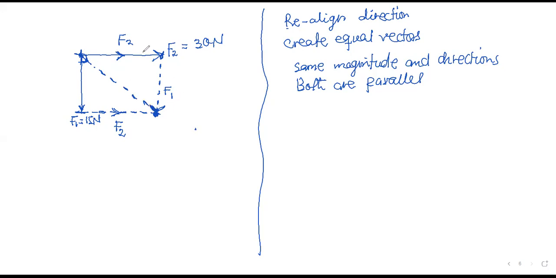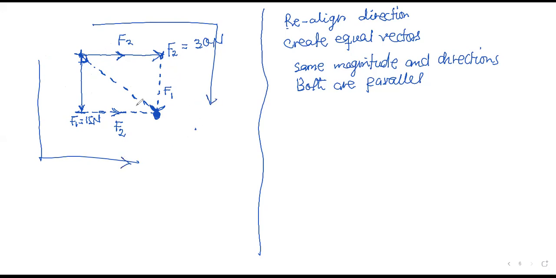If F2 is going horizontal and F1 is coming down, no matter where you look at it, you can tell that both are coming to this point. Please, is that clear? Are you okay?